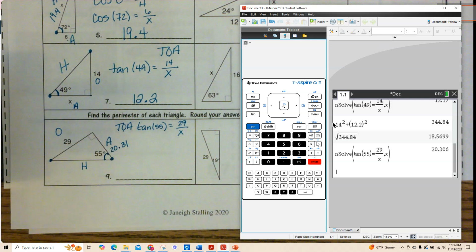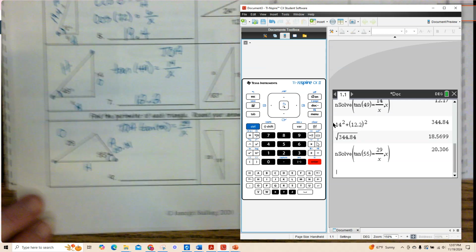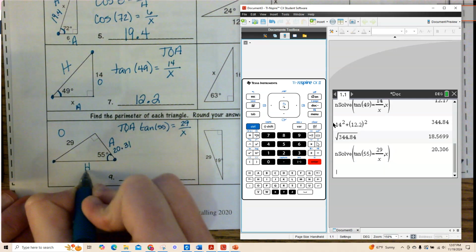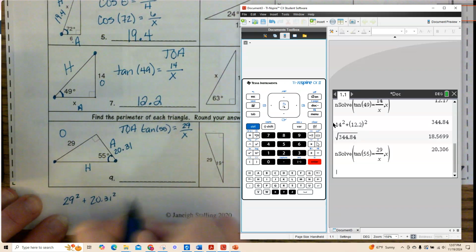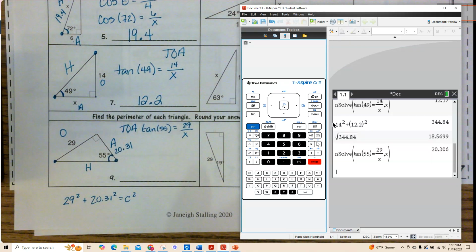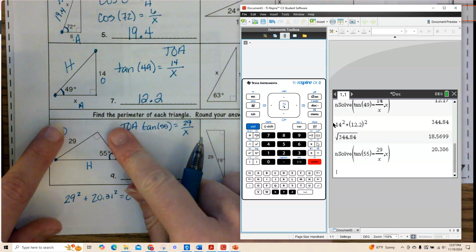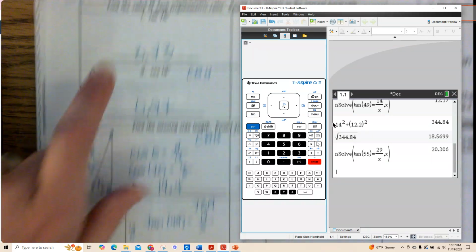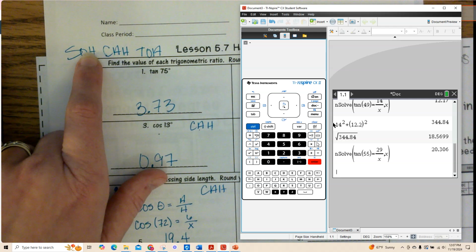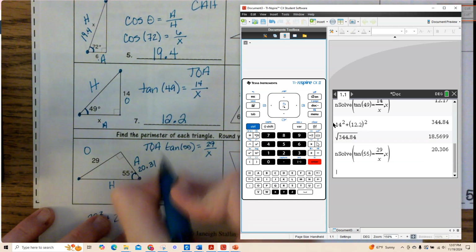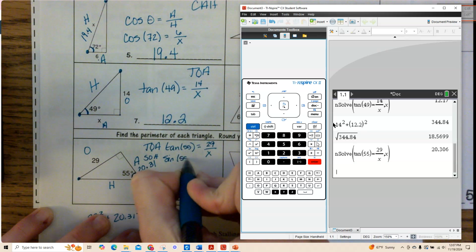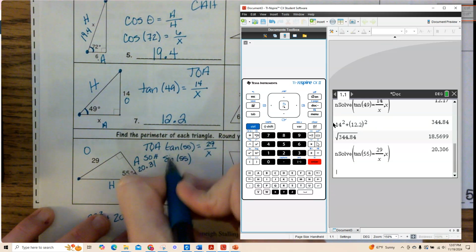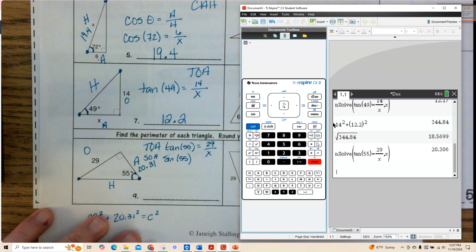That's the length of this side. I could use Pythagorean theorem because this is a hypotenuse, 29 squared plus 20.31 squared equals C squared, and I could find this side. Or I can use a trig ratio. Opposite and hypotenuse is sine. Okay. So I could say the sine of 55. So just by changing that trig ratio, I can find another missing side.